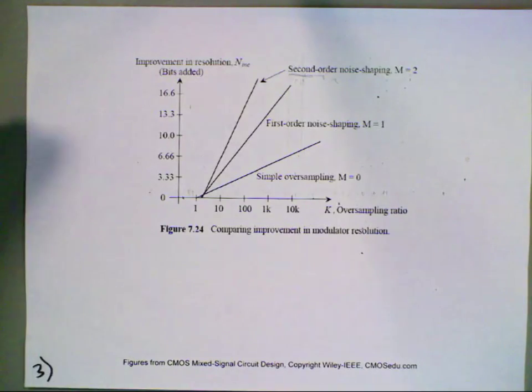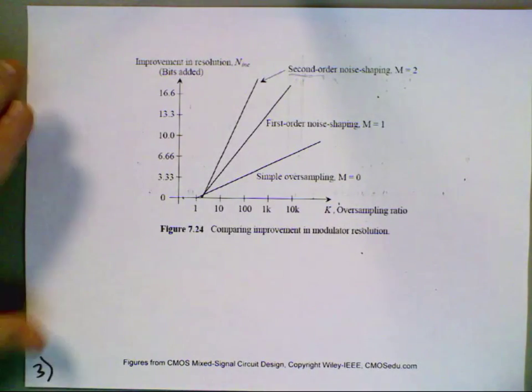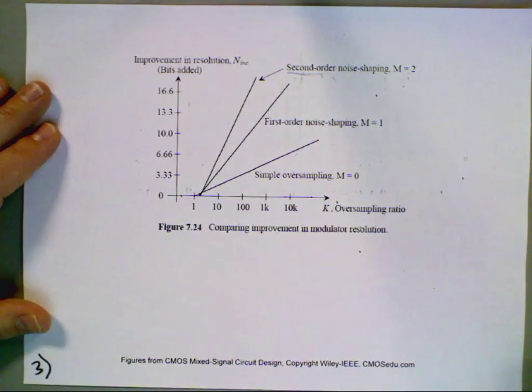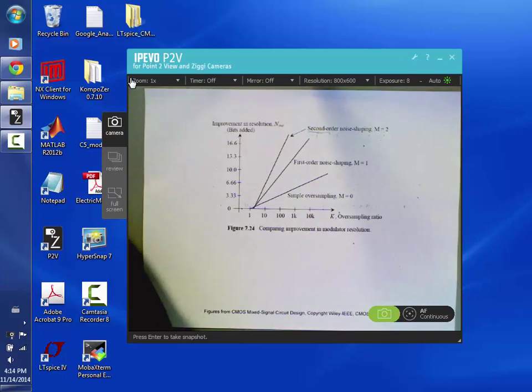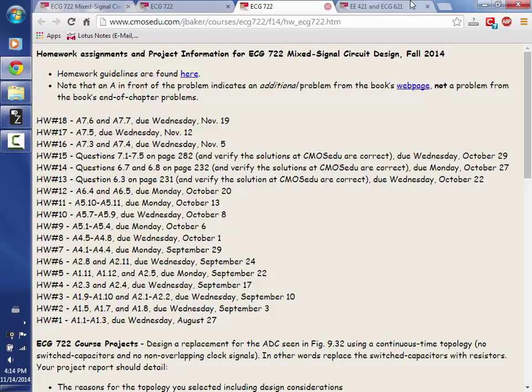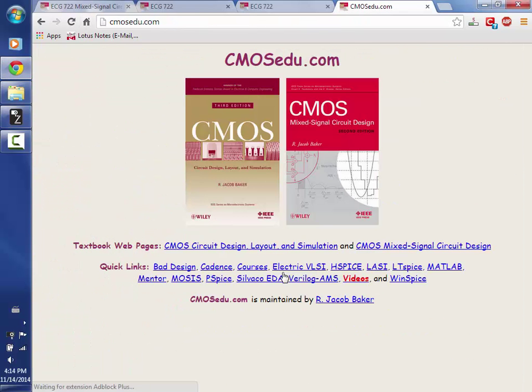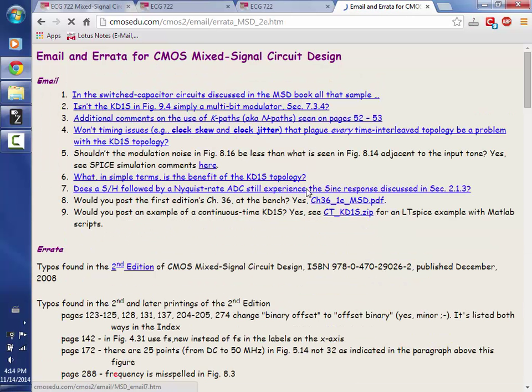I'm sorry, where can you get a continuous time second order delta sigma noise shaping example using the K delta 1 sigma? Where can you download that? Is it in Errata? I think it is Errata. Yeah, right here, right? This thing, okay?